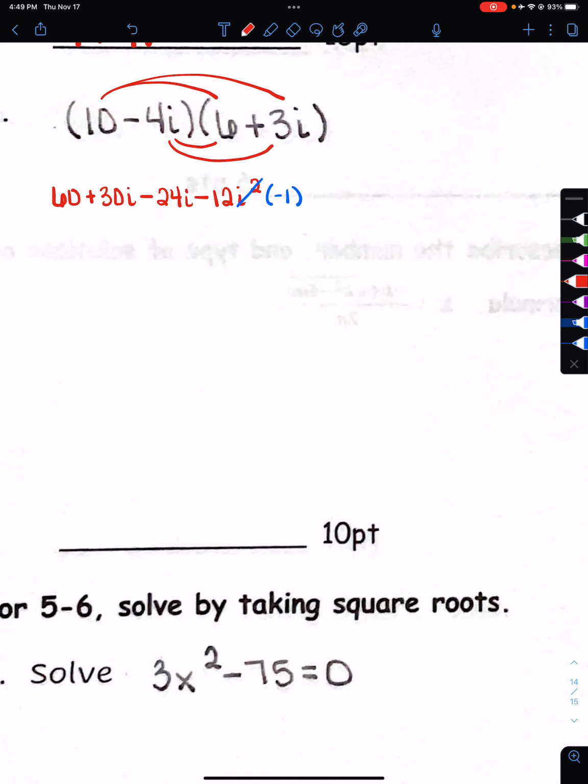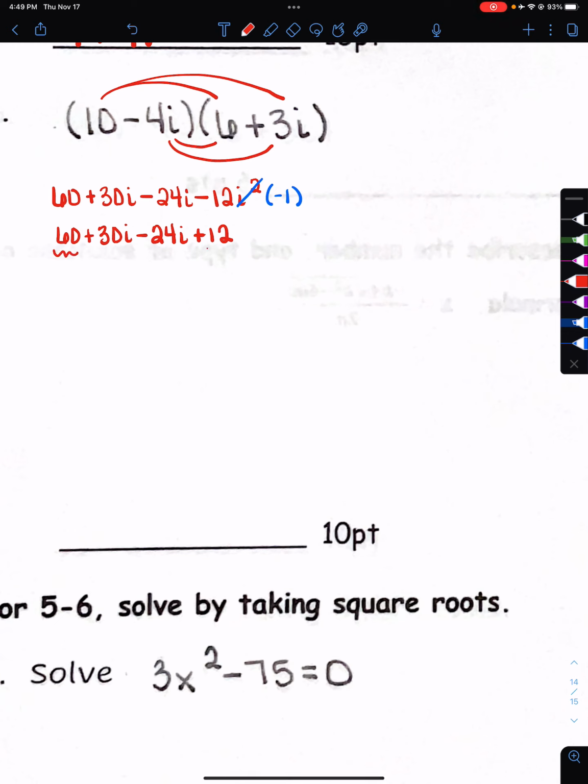Now, I'm not going to take any chances getting this wrong, so I'm going to go ahead and rewrite it. So I have 60 plus 30i minus 24i. Negative 12 times negative 1 gives me positive 12. Now I'll go ahead and combine like terms. Like terms are our real parts first.